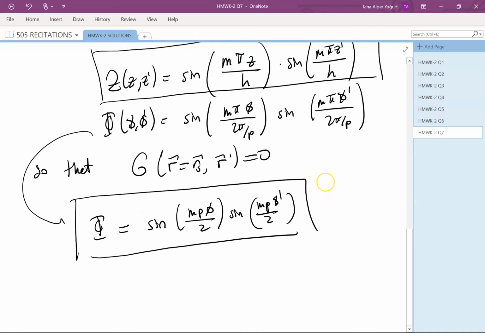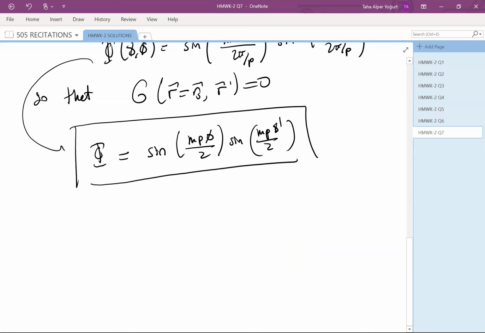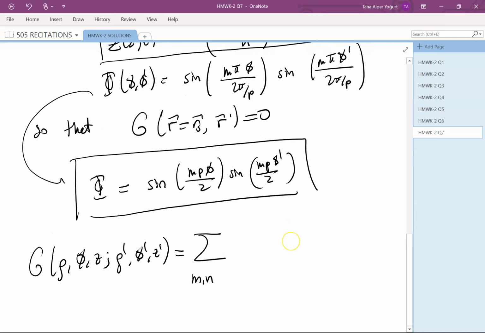Now, given these, what is the function of G now? G of rho, phi, Z, rho prime, phi prime and Z prime is equal to a sum over m, n. By the way, one of them shall be n over here. Okay, n, right?